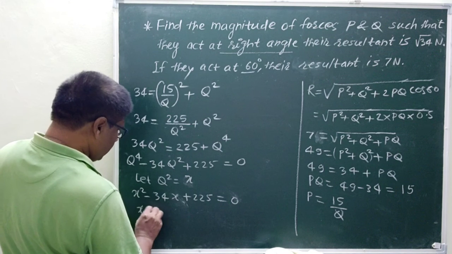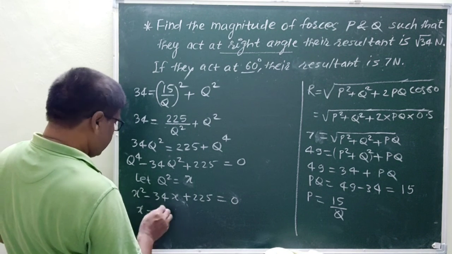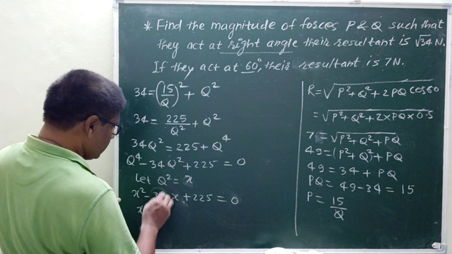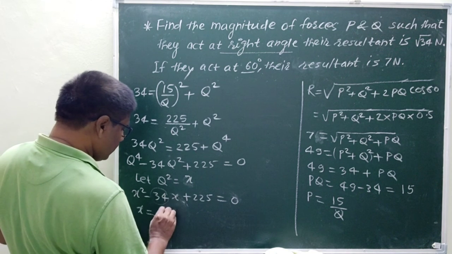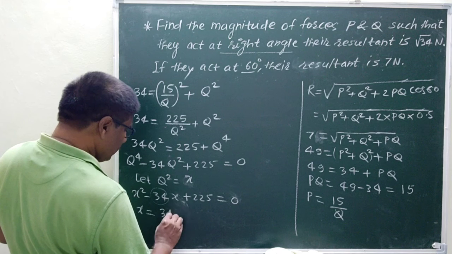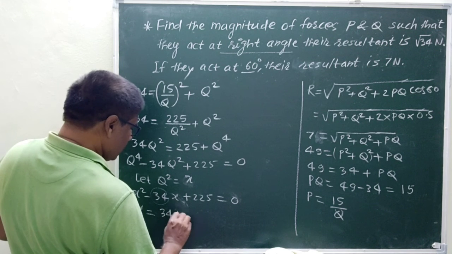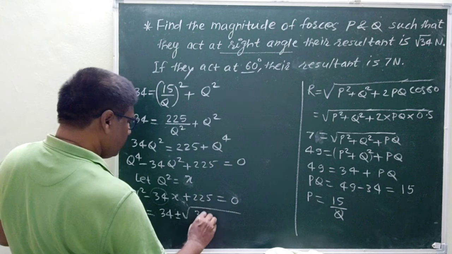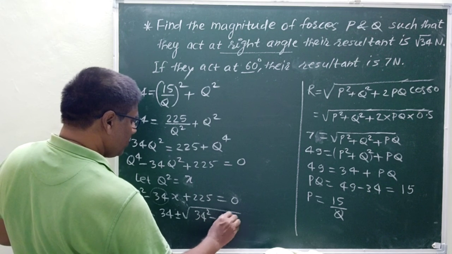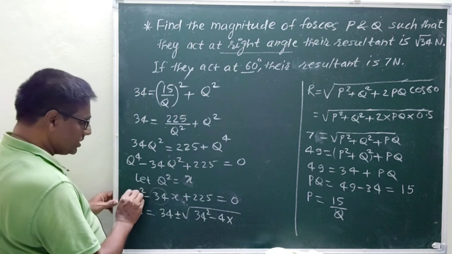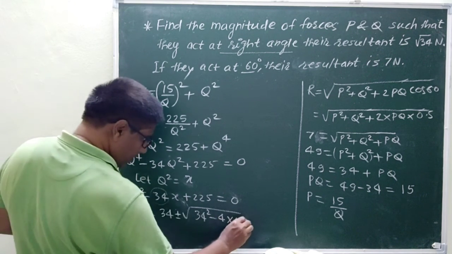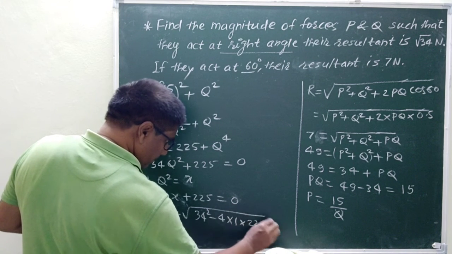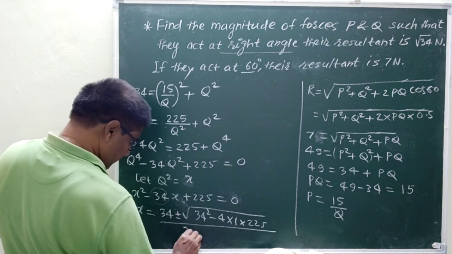Therefore x is equal to minus b, here ax square plus bx plus c, here the value of b is minus 34, therefore minus b value is 34, plus or minus root of b square minus 4ac, 34 square minus 4 into the value of a, that is the coefficient of x square, which is 1, and the value of c is 225, upon twice a.